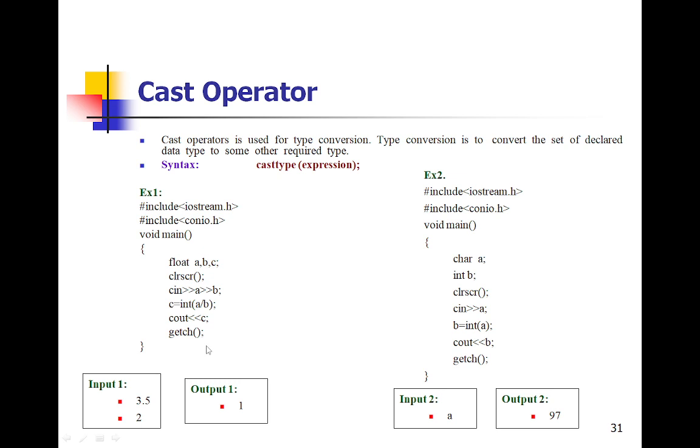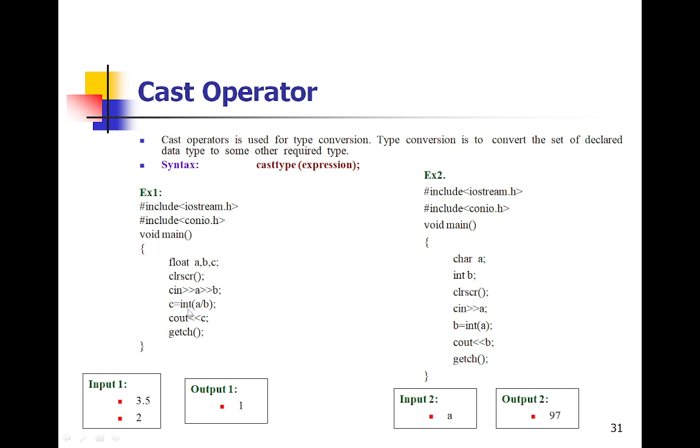Within the program, we get two values, and then a divided by b. The resultant value may be in a floating point variable or an integer variable. Our objective is to get the resultant value as integer type, so I have done a casting function.